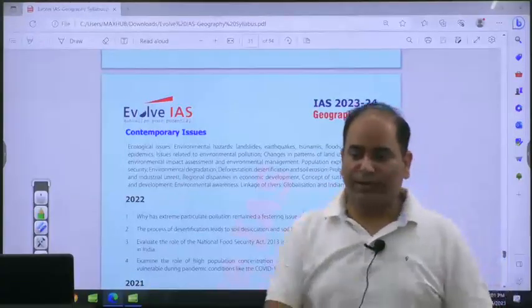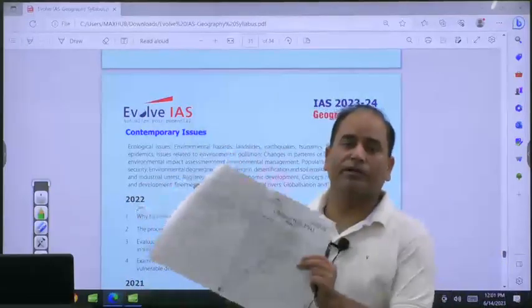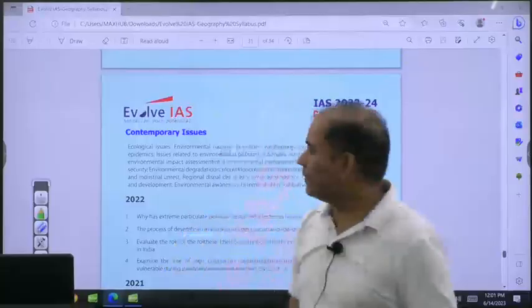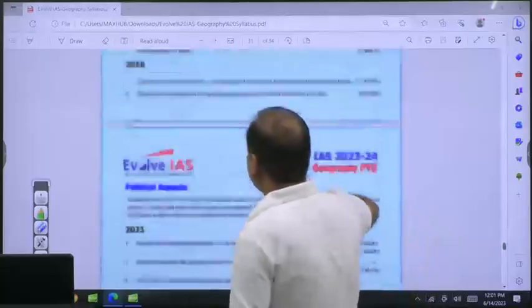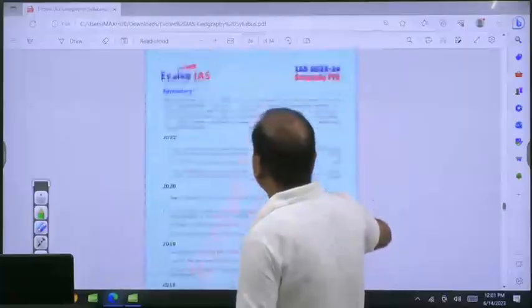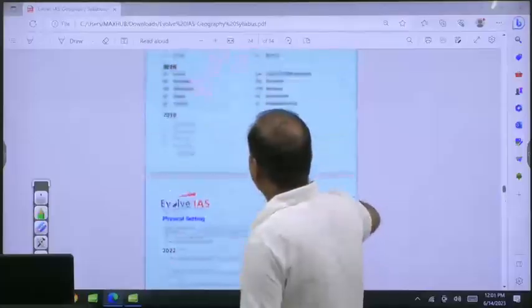All those who are having this booklet, just go to paper 1 economic geography. Economic geography में अगर आप जाएंगे paper 1, just have a look. Paper 1 economic geography.